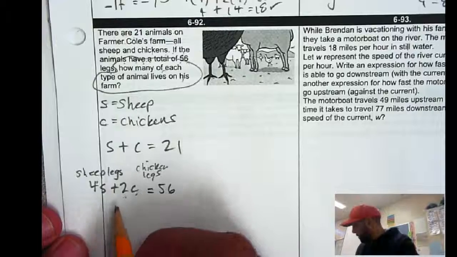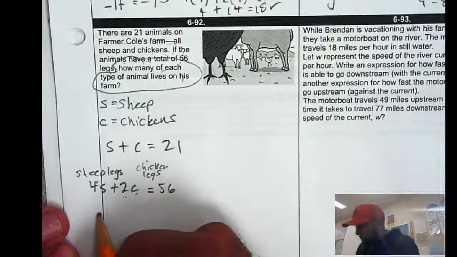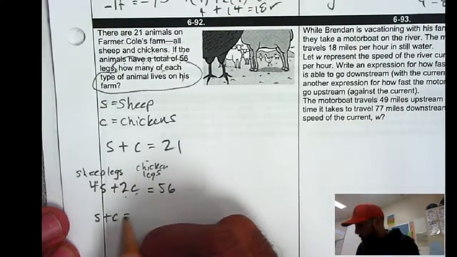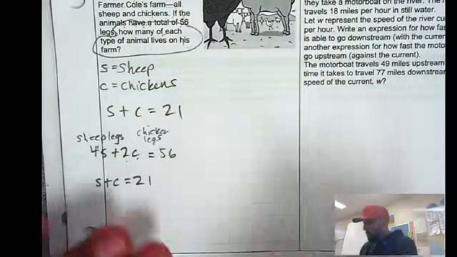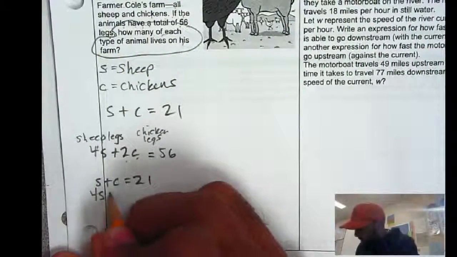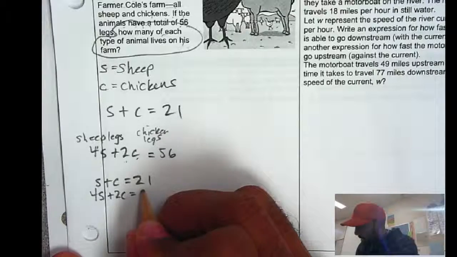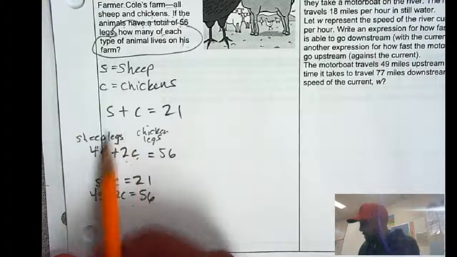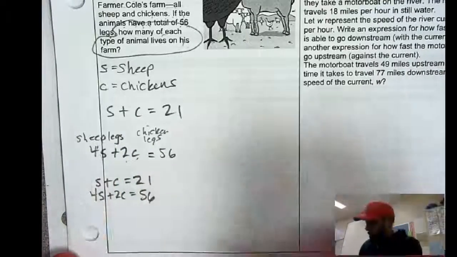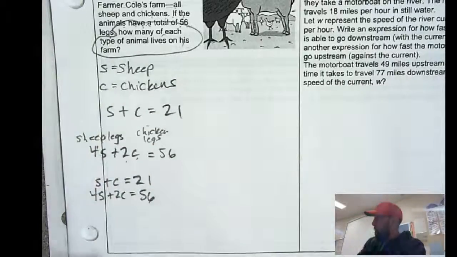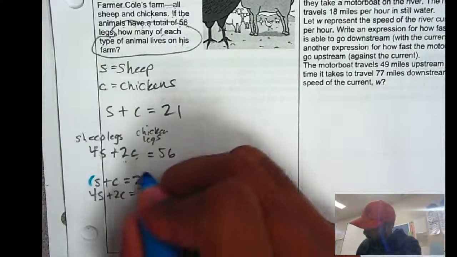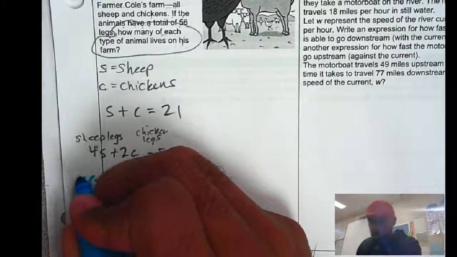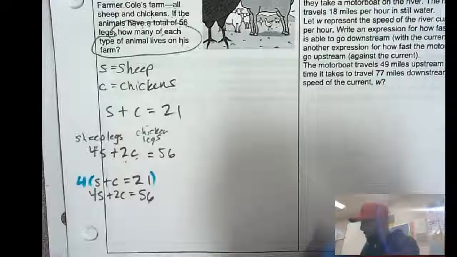Now again, we're going to set this up. Let's put S plus C equals 21 right on the top there, and then the other equation, 4s plus 2c equals 56. Notice again that these do not cancel out if I add them. So what I'm going to do is multiply this equation times a number.